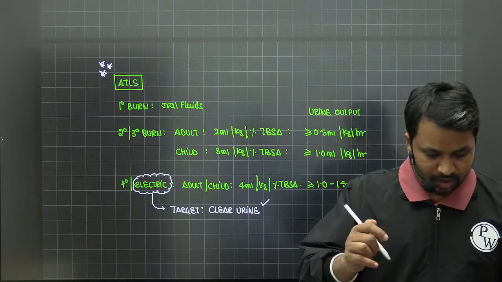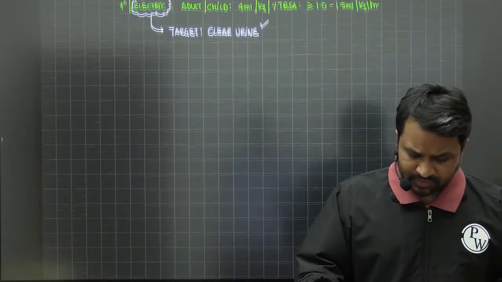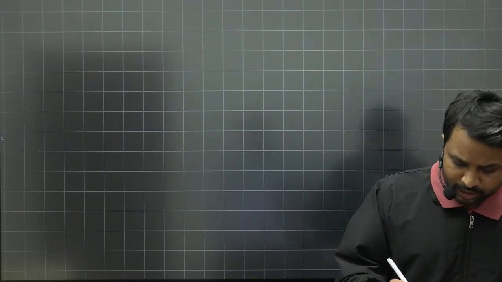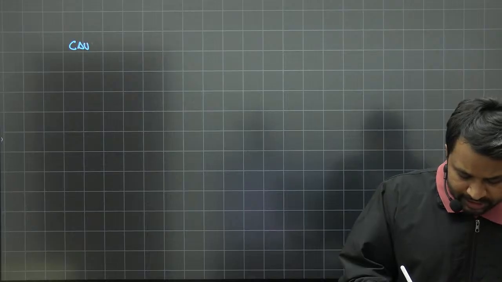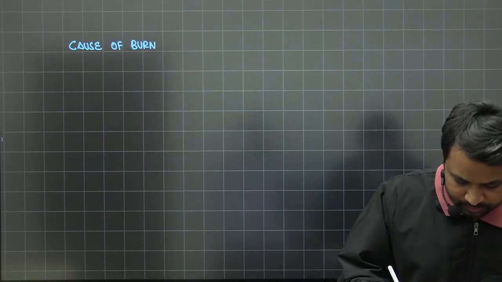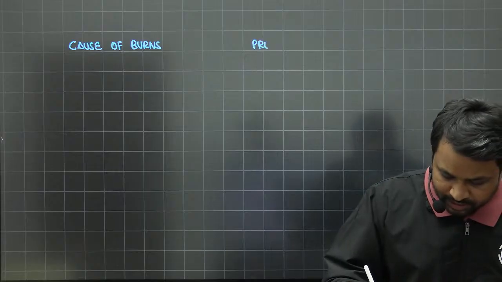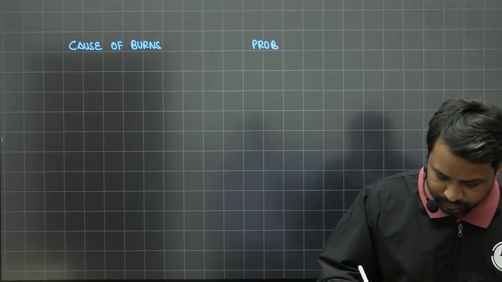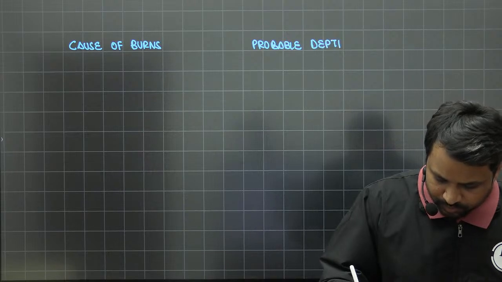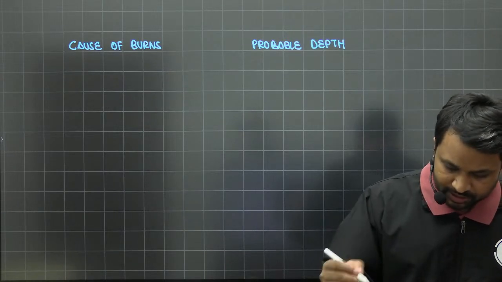So, now if you're clear with this, just for the sake of understanding, we look at the cause of the burn and the probable depth of injury it can cause.